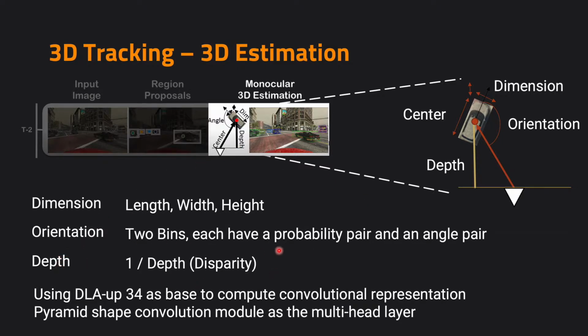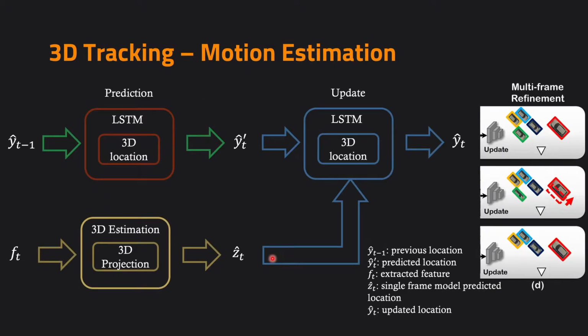With this information, we can reproject the detected 2D object into 3D. When we have multiple frames, we can connect the different frames together and use an LSTM to learn the possible object motion, and at inference time, use the LSTM to correct the motion of the object. This is very similar to a Kalman filter.